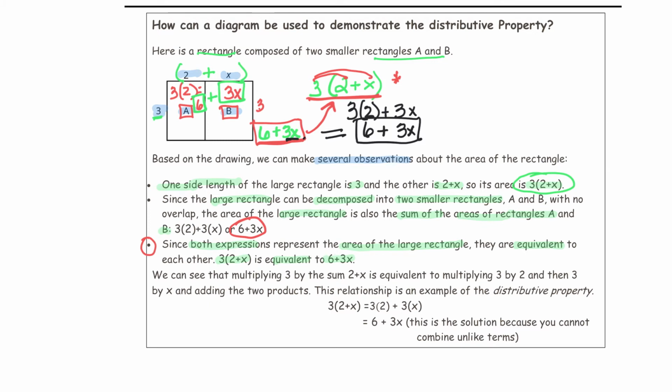And that's basically the point of this entire thing, to show that if I take the areas broken apart, they are equivalent to the entire area of the entire large rectangle. We can kind of skip the rest of this for now. Let's go on to the next page and see some more diagrams.